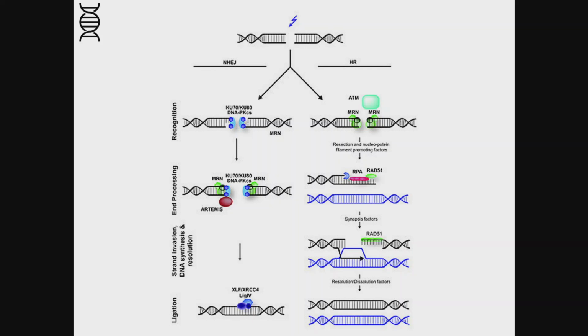But there are other things that can change the decision whether we go to non-homologous end joining or homologous recombination, and these are being investigated right now. Maybe if we are in a gene-rich region, and this gene is important, if I just fix it with non-homologous end joining, I may cause more damage.